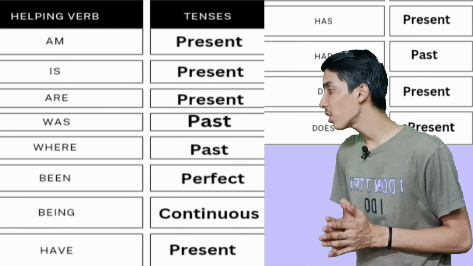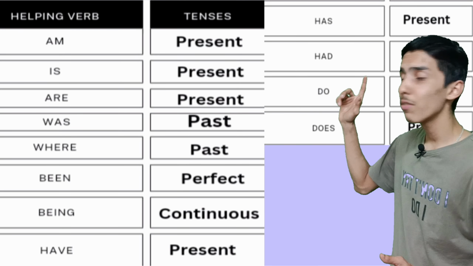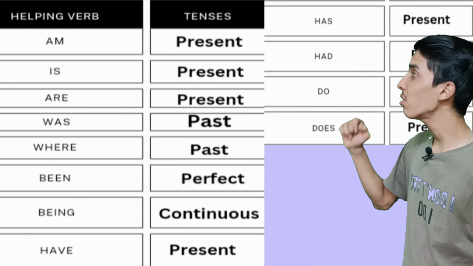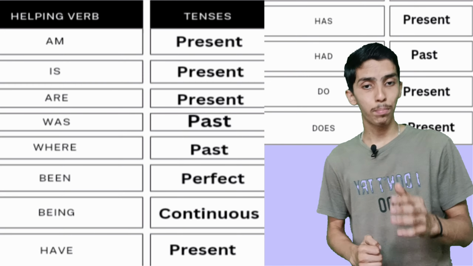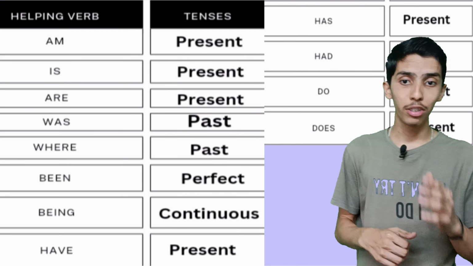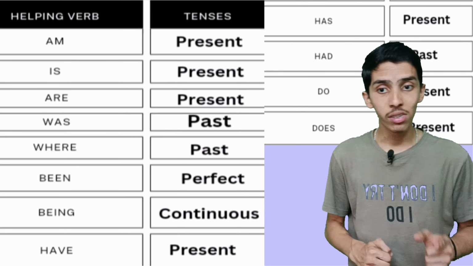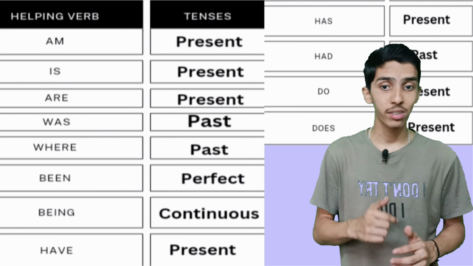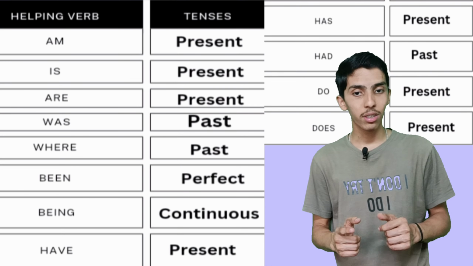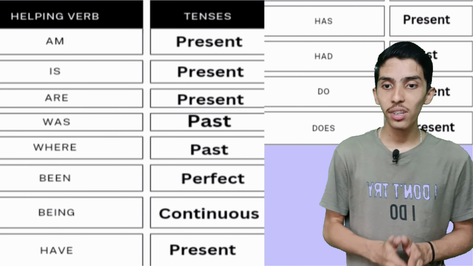Let's take a moment to study this chart closely and memorize this helping verb chart. The helping verb is am. Am is present, is is present, are is present, was is a past tense, were is a past tense, been is always perfect.